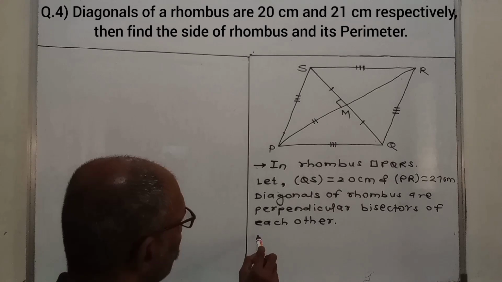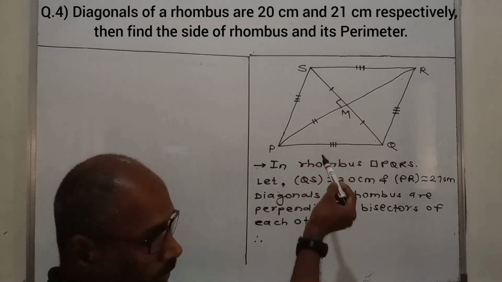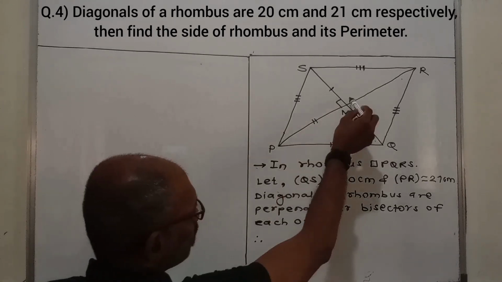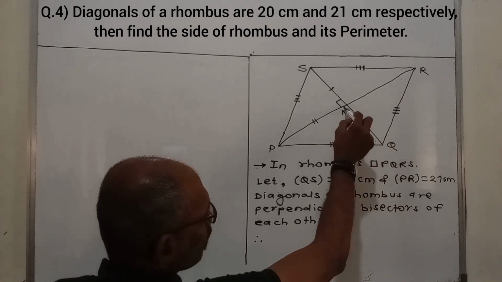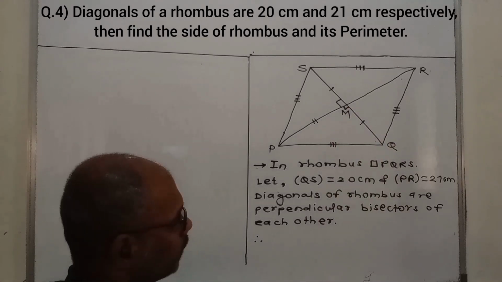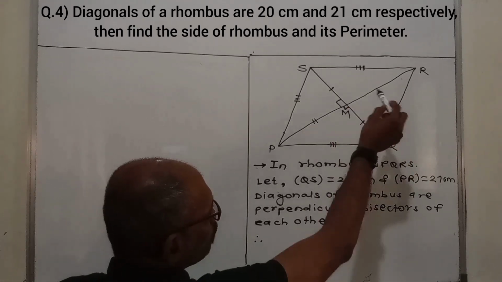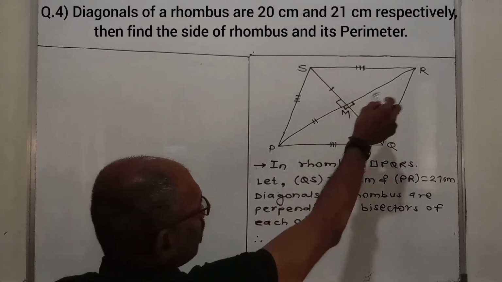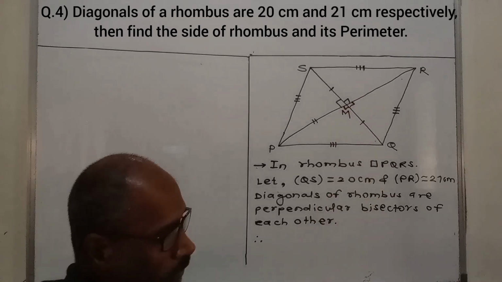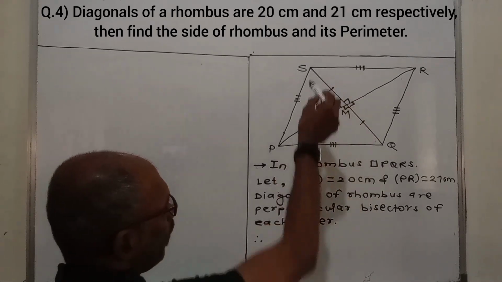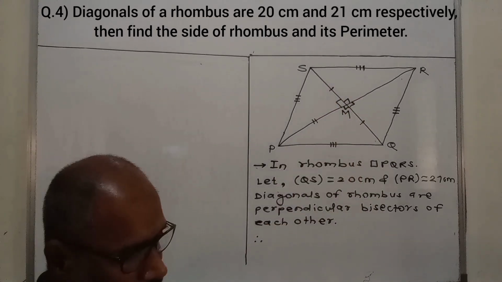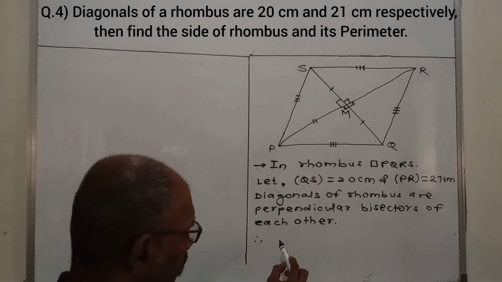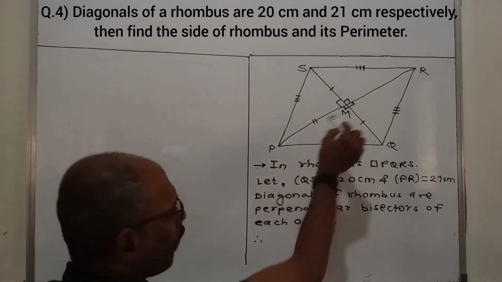Okay. Therefore, perpendicular bisector of each other means angle PMQ is equal to 90 degrees, angle QMR is equal to 90 degrees, angle SMR is equal to 90 degrees, angle PMS is equal to 90 degrees. Did you get it? I will write only one.